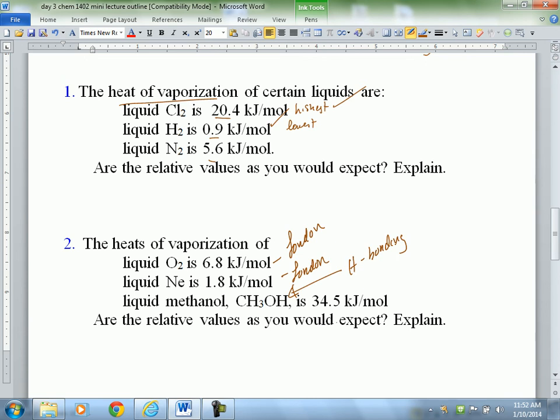Grams per mole. Okay. Why is methanol the biggest? The answer you would write in your homework is hydrogen bonding. So any molecule by itself, a single atom, is going to be London. It's going to be nonpolar. Exactly. Every single time.